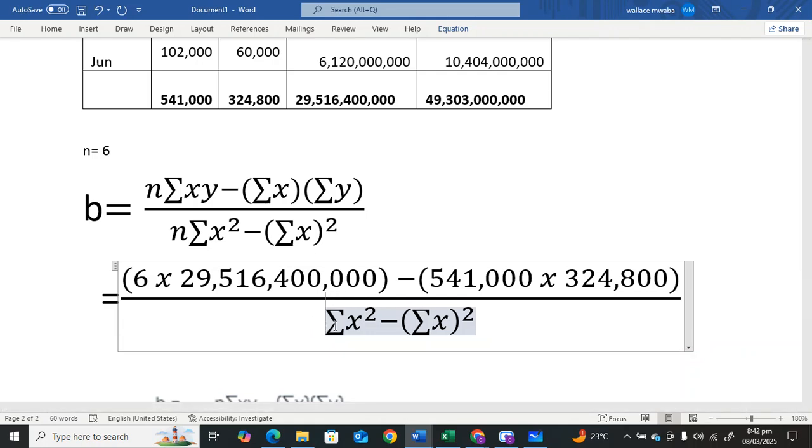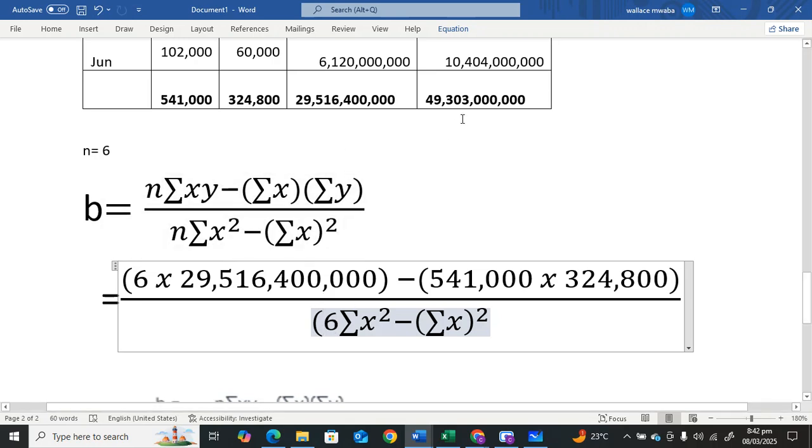N again is 6, multiplied by summation of x squared.